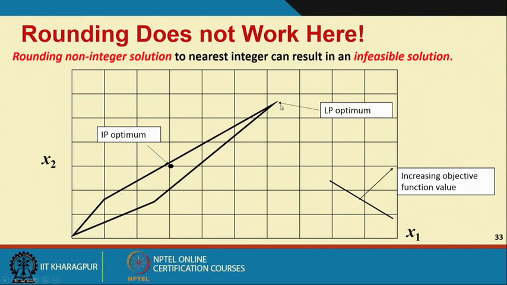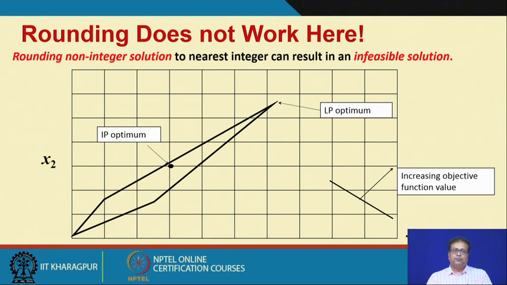But look here, look at this particular solution space. See, the LP optimum is here and IP optimum is somewhere here. There are so many IP solutions, integer solutions nearby, but not feasible. See, if the solution space is visible, if you could draw a graph, obviously your understanding is okay. But suppose you really cannot draw the graph, you are solving by simplex, how do you know exactly which one is feasible, which one is not feasible?